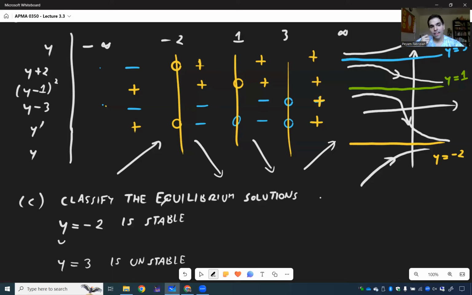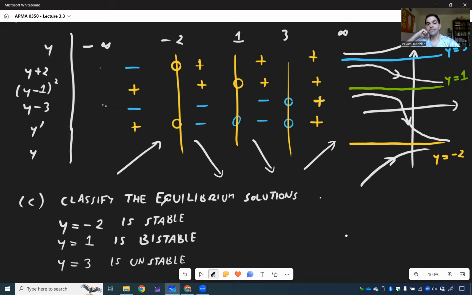And then for y equals 1, there's a peculiar situation because notice below 1, solutions move away from it. Above 1, solutions move towards it. So because it kind of swings both ways, we call it bistable. So it's bistable.